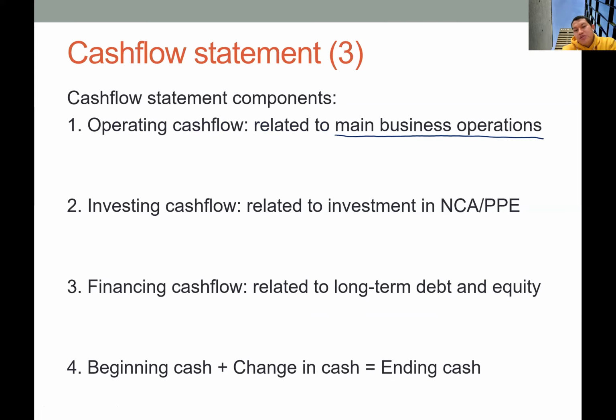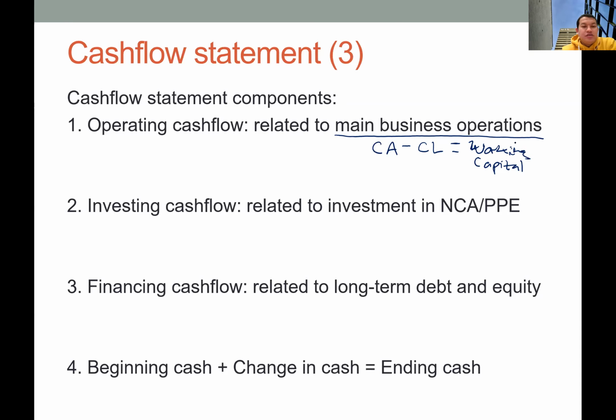This main business operation typically will be captured by the current assets and current liabilities. We also call this the working capital. So current assets minus current liabilities is the working capital. So basically, the cash flow from operating will capture the working capital of the company's operation.